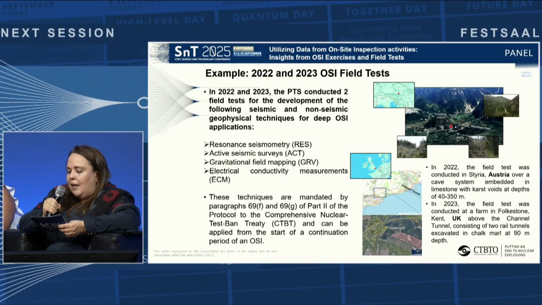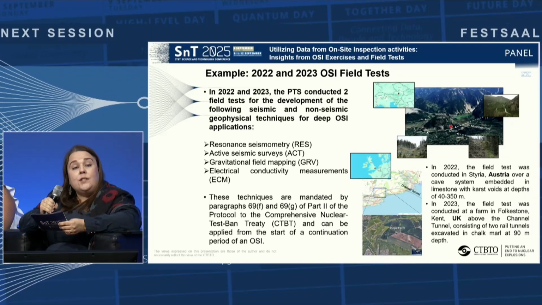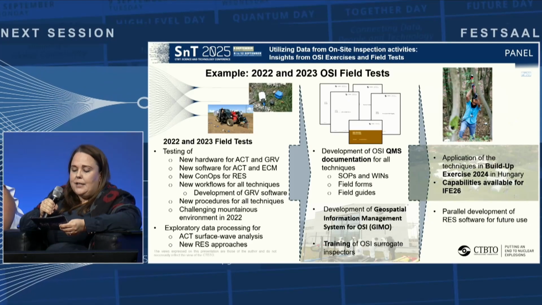And in 2023, the field test was conducted at a farm in the UK above the Channel Tunnel. Jenny was there. The cave system and rail tunnels mimicked OSI-relevant targets for the validation of the techniques.